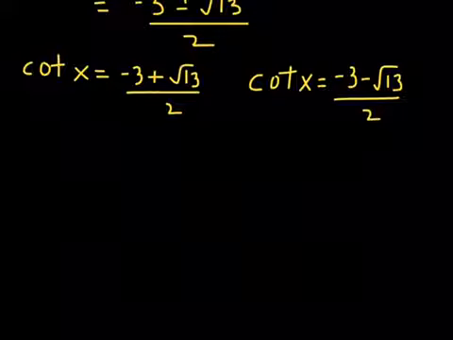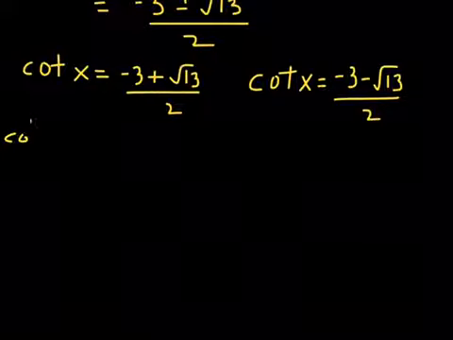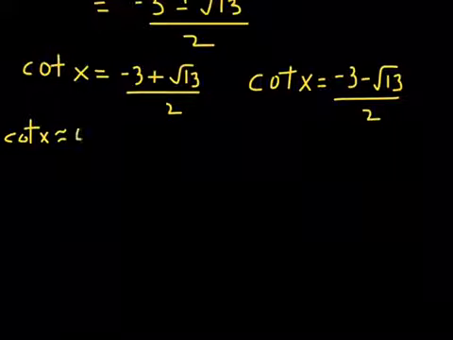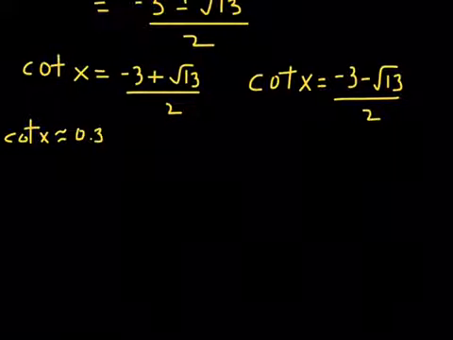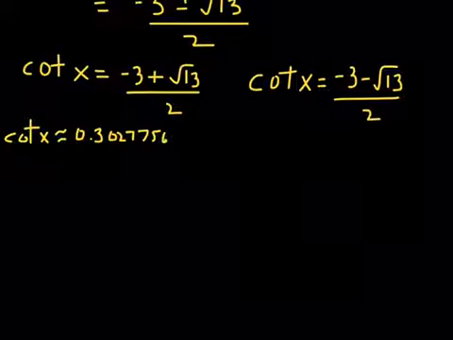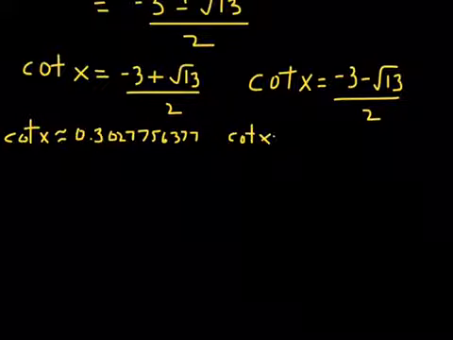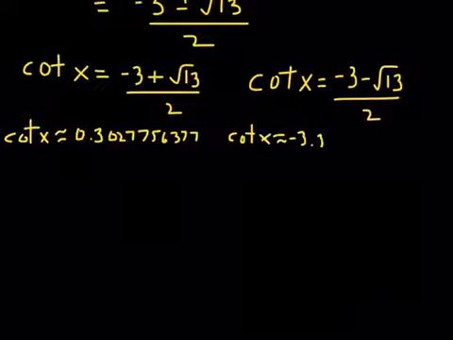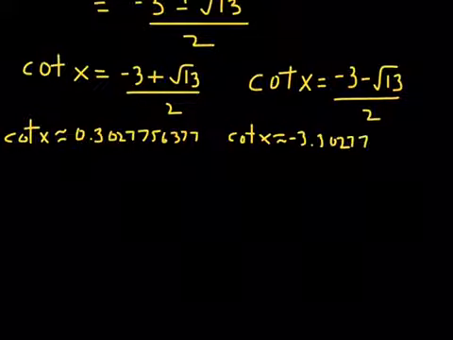Cotangent of x is approximately equal to 0.30275638 for this expression, and for the other one, cotangent of x is approximately equal to negative 3.30277564.